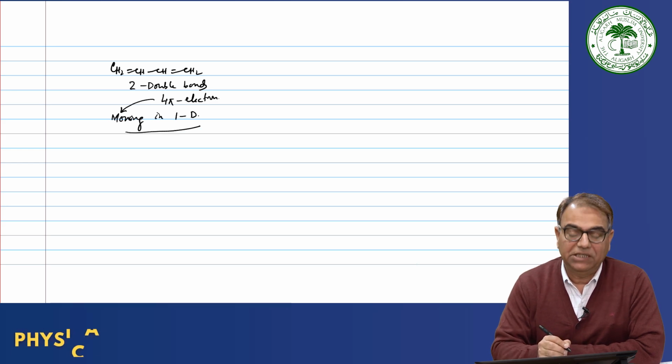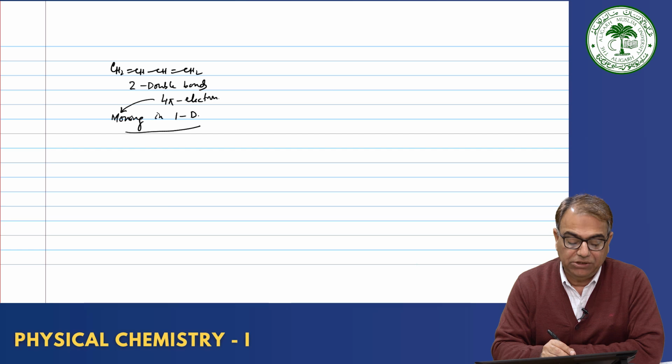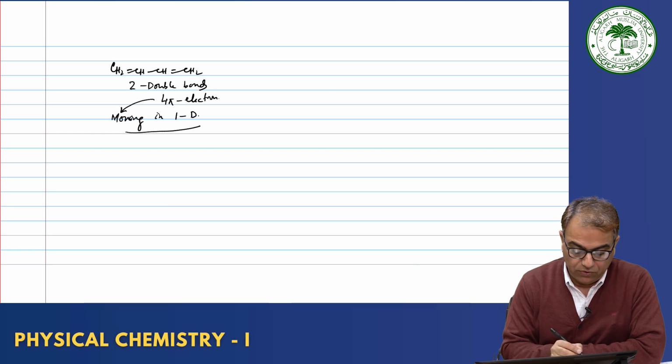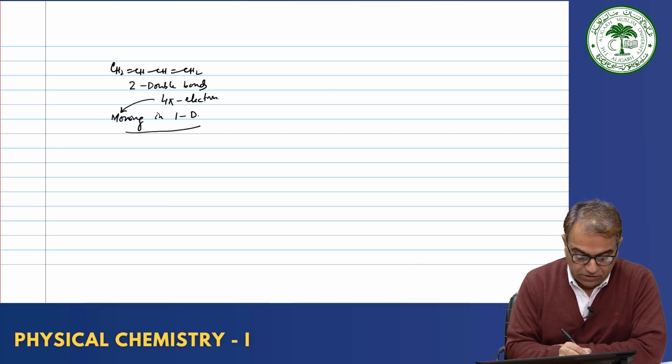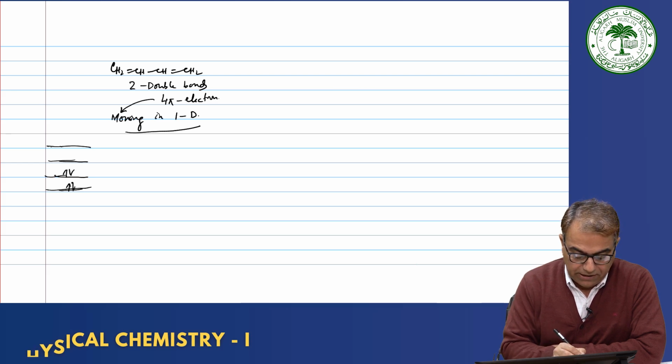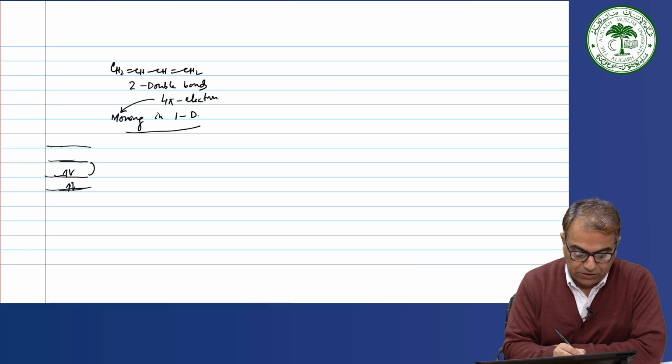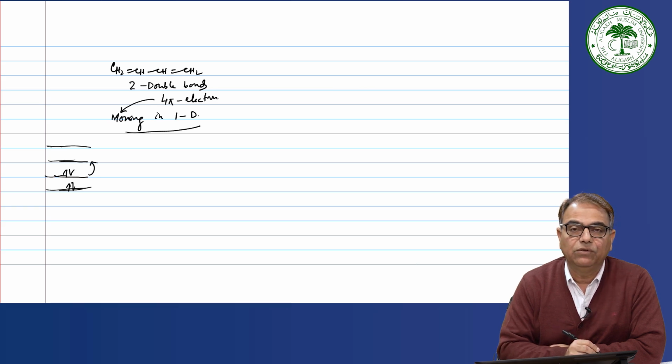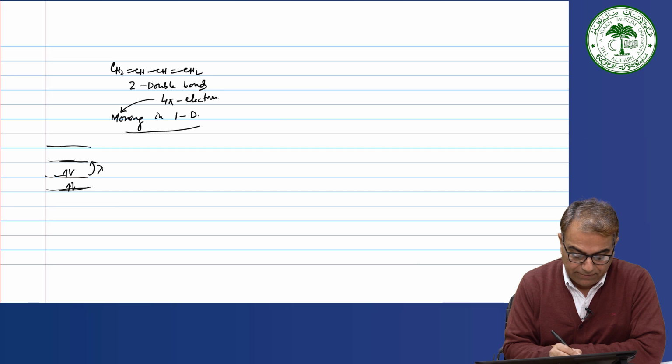So, we can compare the spectra obtained from the transition of this molecule. If I draw the energy level diagram like this one, we have 2 electrons here, 2 electrons here. Then the transition from this to this will give you some particular wavelength, lambda max will be required for this transition.